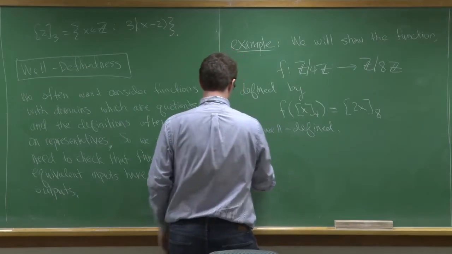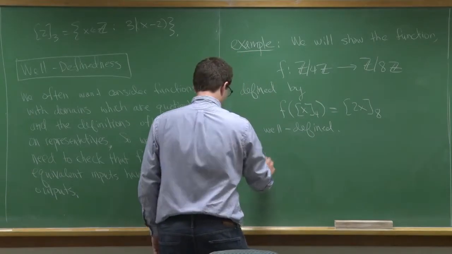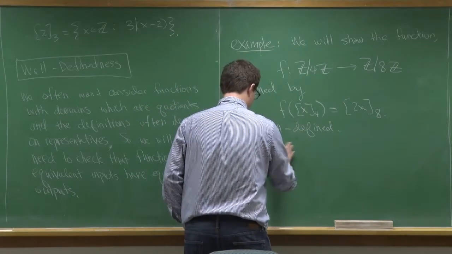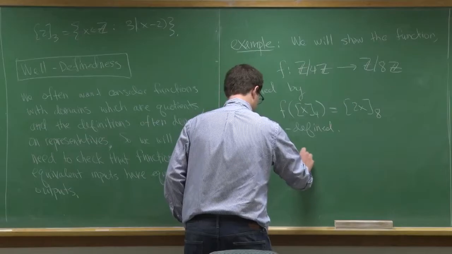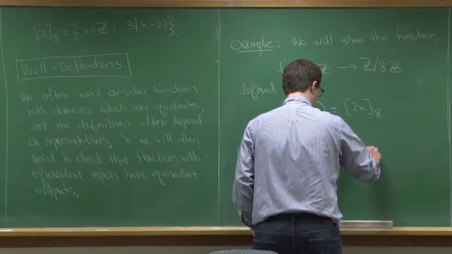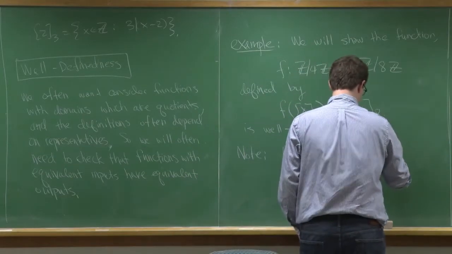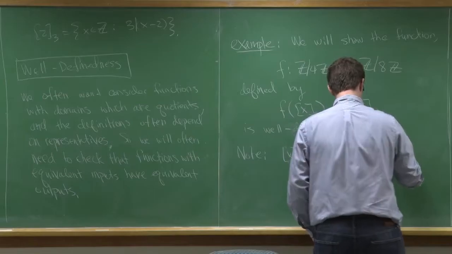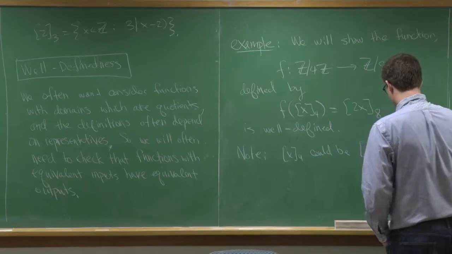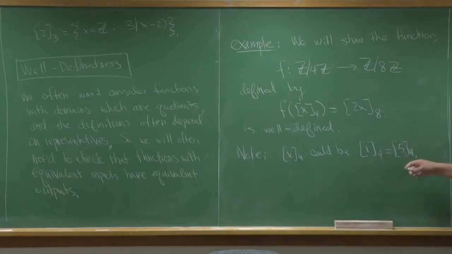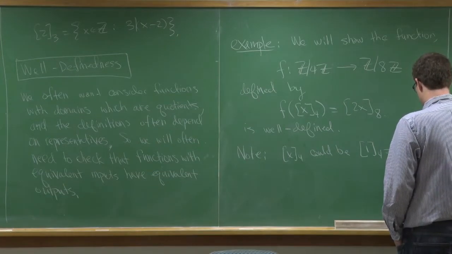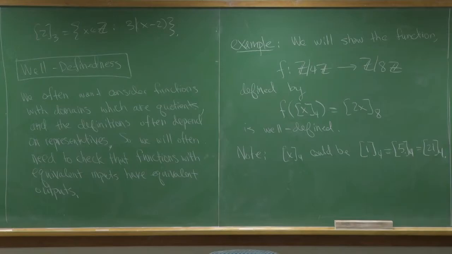Okay, so let me just make a little note here. This input could be two things. It could be 1 mod 4, which is equal to 5 mod 4. So these two things are the same, 1 and 5. Or we could have something even worse. We could say 21 mod 4. Okay, so we need to check.